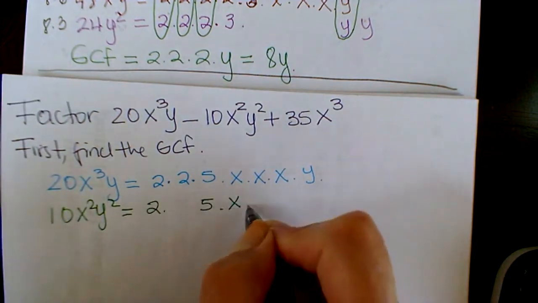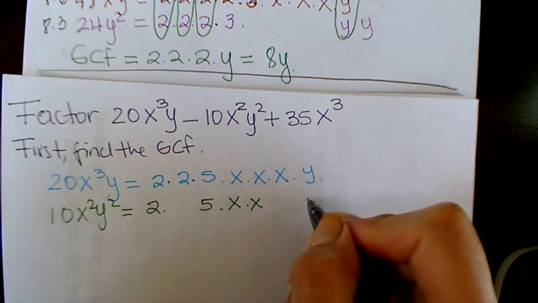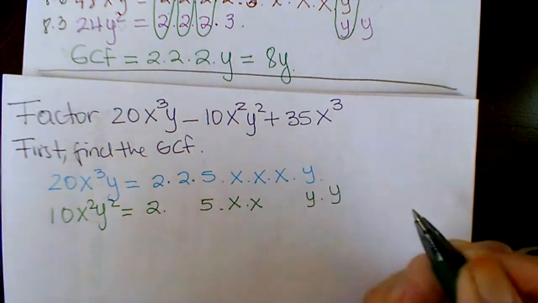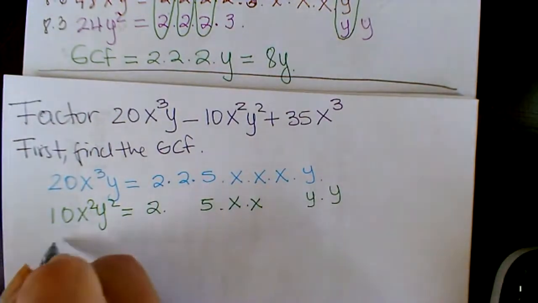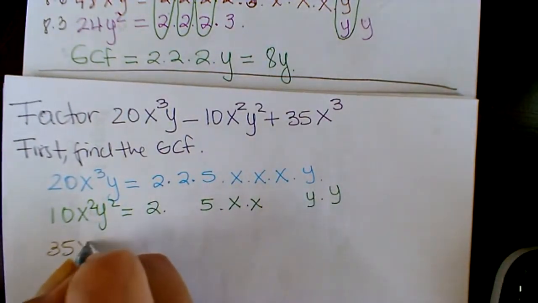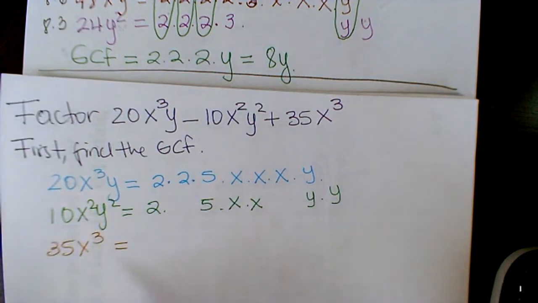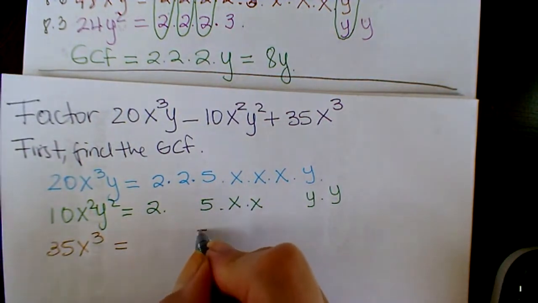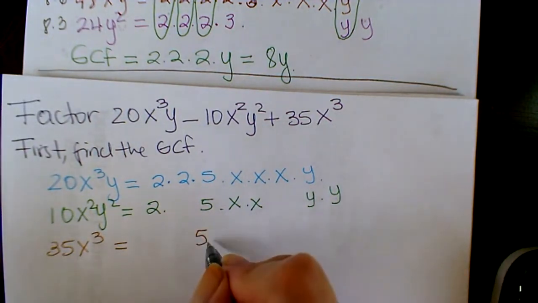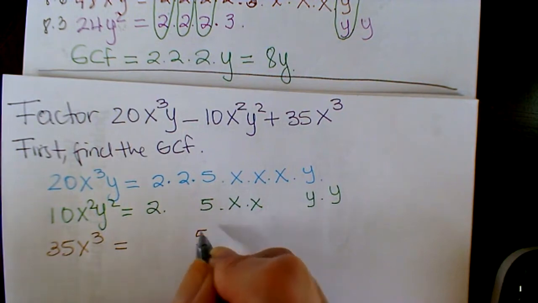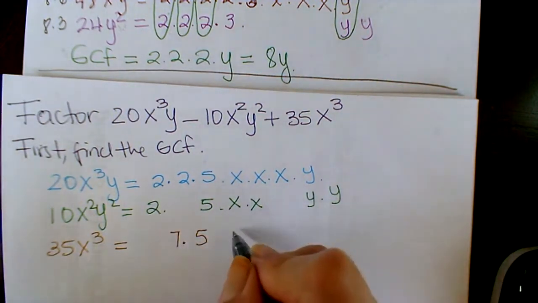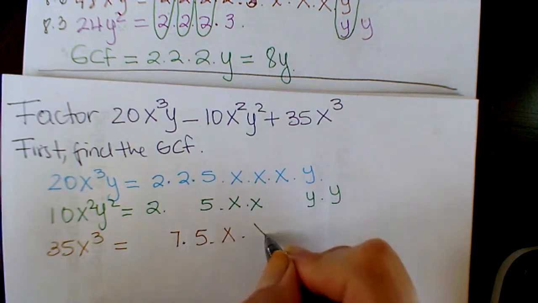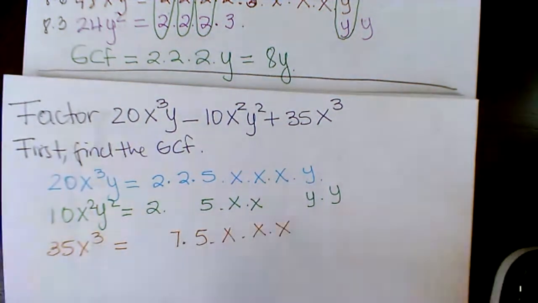I have 2x and I have 2 y's. And 35 is going to be 5 times what? 7? Or 7 times 5, it doesn't matter. 1, 2, and 3. There we go.